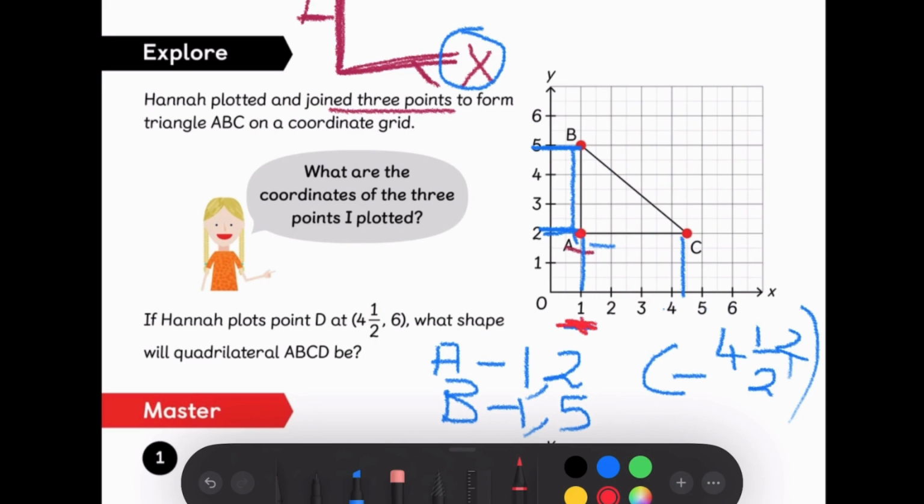So 1, 5. And my C coordinate is between 4 and 5, which is 4.5, 2. So this is how I'm going to learn to plot points and to write the coordinates. Now they are saying, what if Hannah plots D?